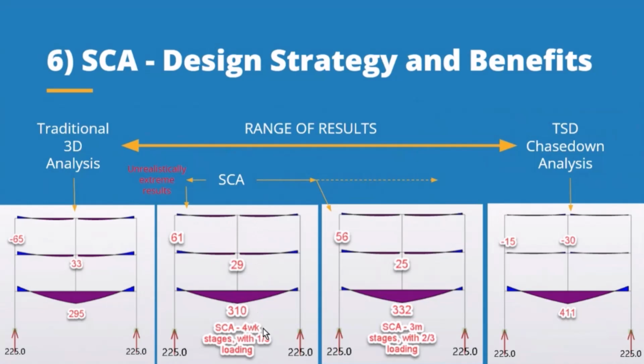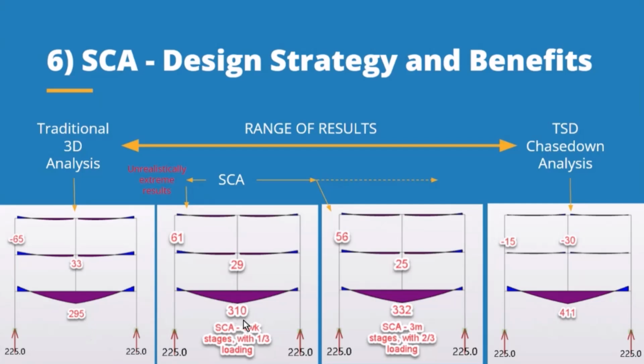So this one's stage construction analysis with 4 stages at 4-week intervals, and I've only got a third of the ultimate loading that I will ultimately apply going into the construction stages. And this one's stage construction analysis at a much slower pace of construction, 3 months between stages, and I'm putting 2/3 of the loading into the construction stages, with the balance coming at the ultimate limit state.